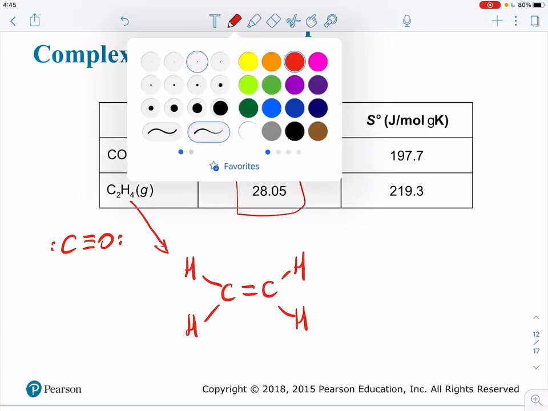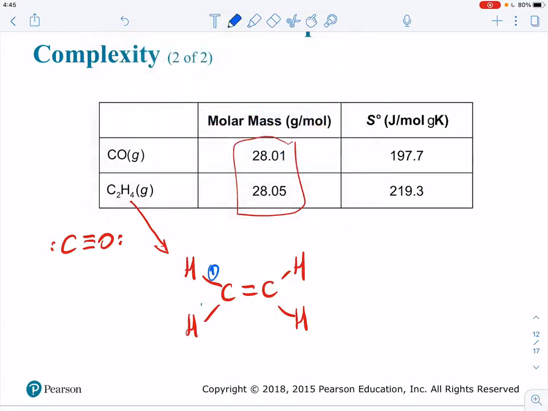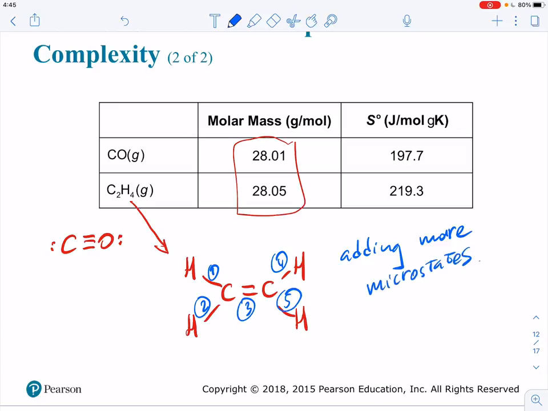But now here, you have 1, 2, 3, 4, and 5 times the opportunity to have vibrational dissipation of energy in the molecule. So by having more bonds, you are adding more microstates, and as such, you have a larger absolute entropy.